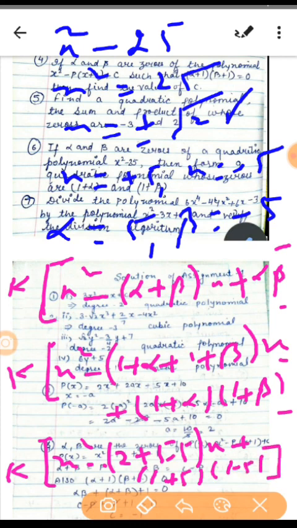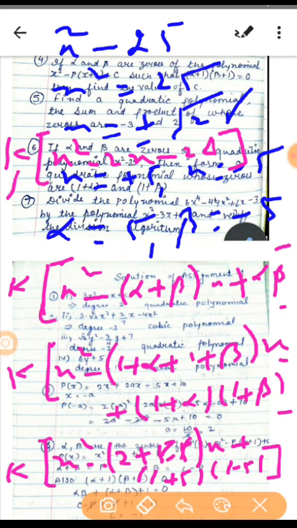So it will be k into x square minus 2 plus 5 minus 5 gone, so you will have 2x. Then 1 plus 5 is 6, and 1 minus 5 is minus 4. So 6 into minus 4, that is minus 24.